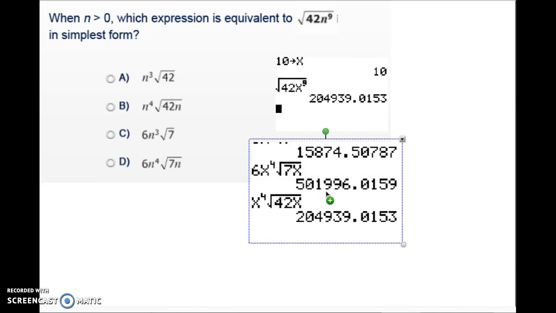All right, so notice I could go back and fix this video, but I'm not, because it's important to realize if something didn't work, it's probably because we just typed in something wrong. So the x to the 4th square root of 42x is the one that matches the original problem.